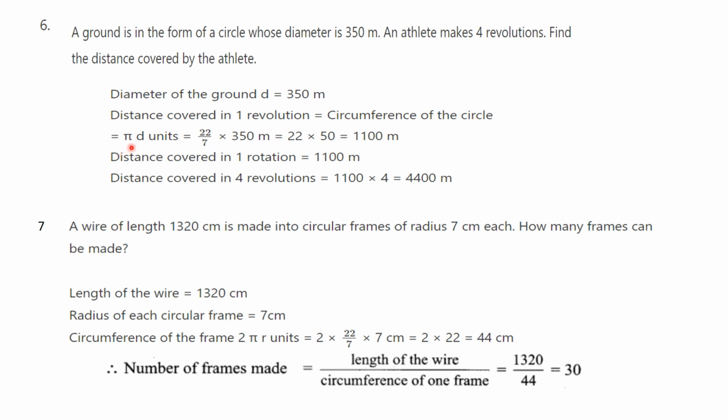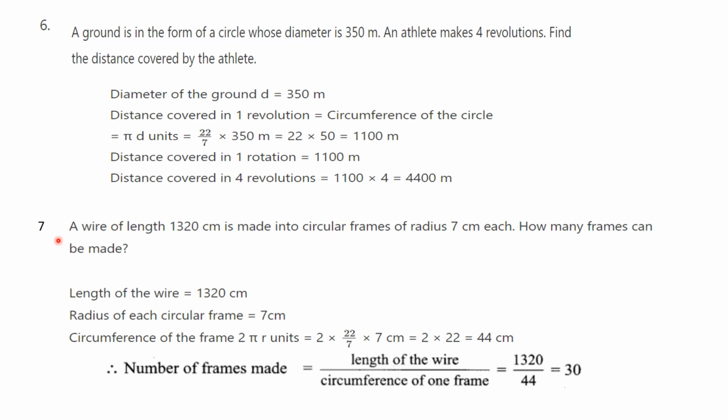So 22 by 7 into 350. 7 and 350 you cancel, you get 50. So 22 into 50 equal to 1100 meter for one revolution. So we will find the distance covered in 4 revolutions. So 1100 into 4 equal to 4400 meter.